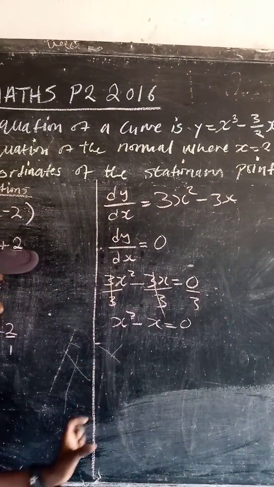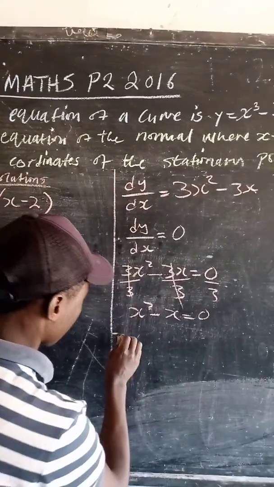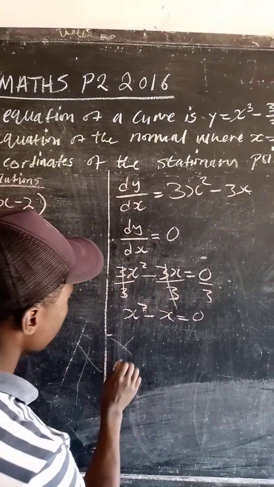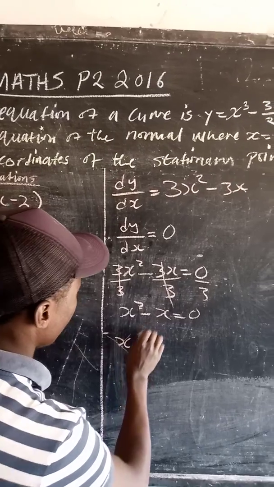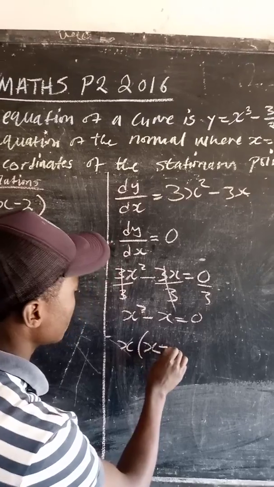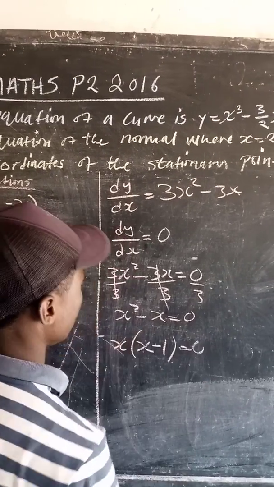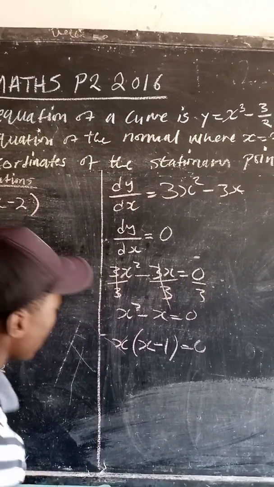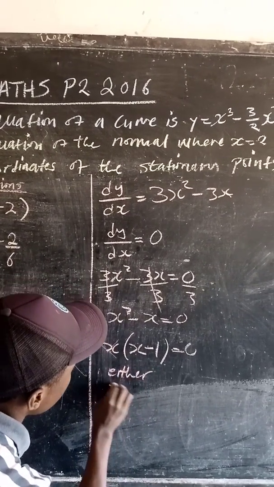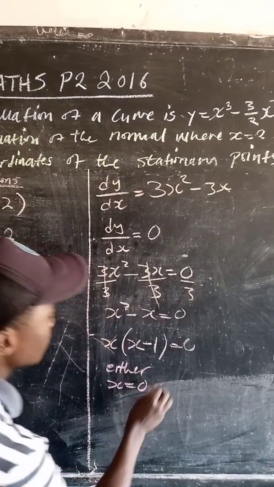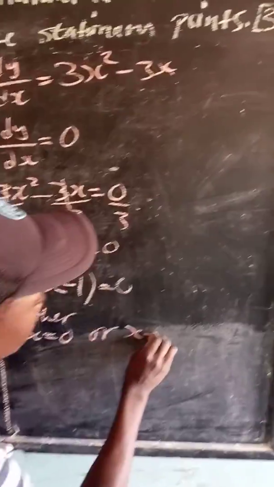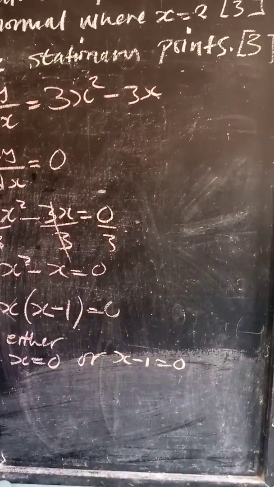Now in this case, we can factorize. Which one is common here? We have x is common. Then we are going to remain with x(x - 1) is equal to 0. So we say either x is equal to 0 or x - 1 is equal to 0.